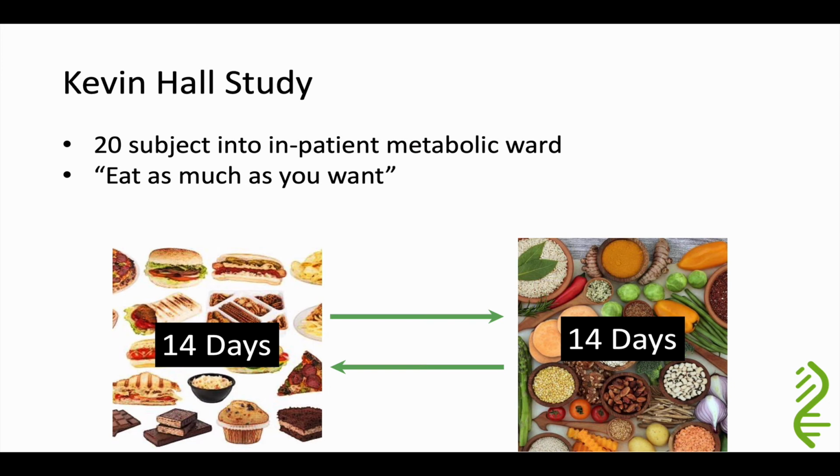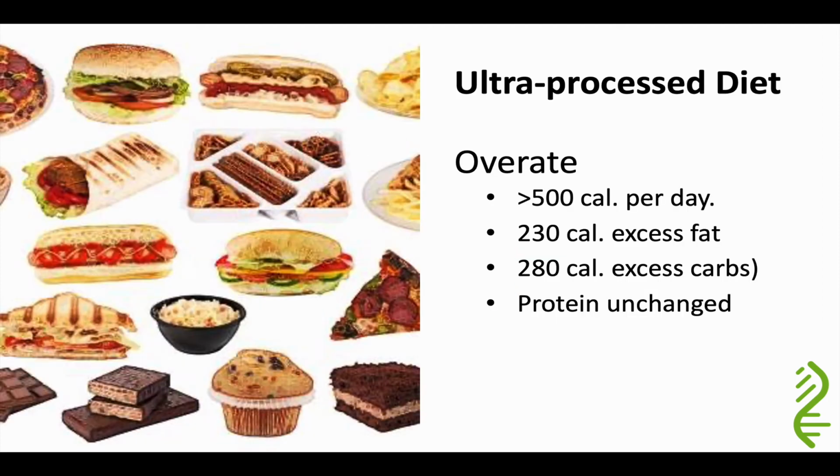They did 14 days on one eating style and 14 days on the other. Half the group started with 14 days of eating the ultra-processed food, then switched over to 14 days of eating whole foods. The other half started with whole foods and crossed over after 14 days to the ultra-processed. And look at this, right?